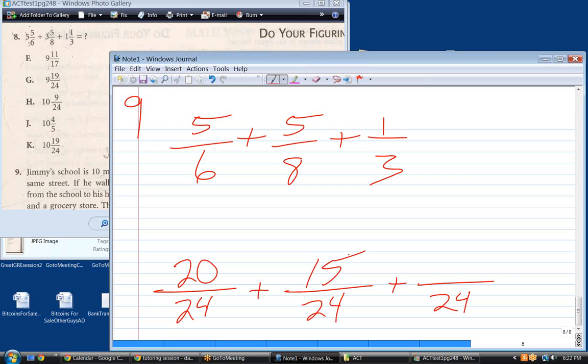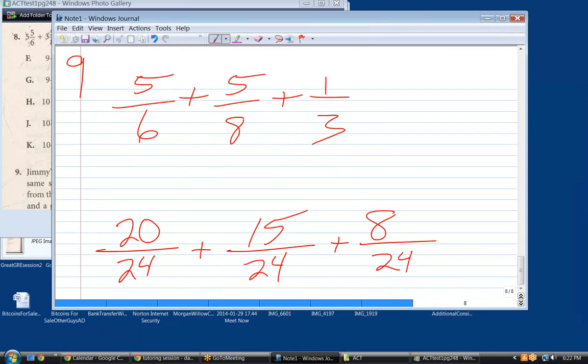Okay, how about 1/3? How many 24ths is 1/3? 3, 6, 7, 8. So that's 8. 8 times 1 is 8. So here's our 3 fractions with a common denominator.